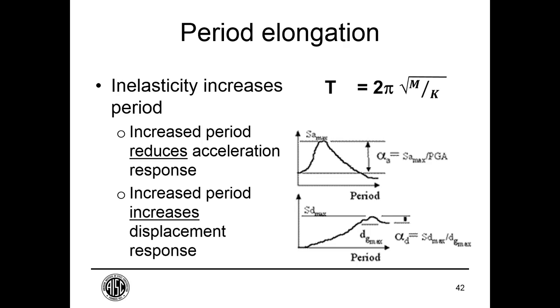You should be aware, though, that increasing period increases the displacement. So as we make the structure softer, obviously it has less resistance, and it tends to go out to larger displacement. So accepting inelastic behavior means reducing forces but increasing drift.